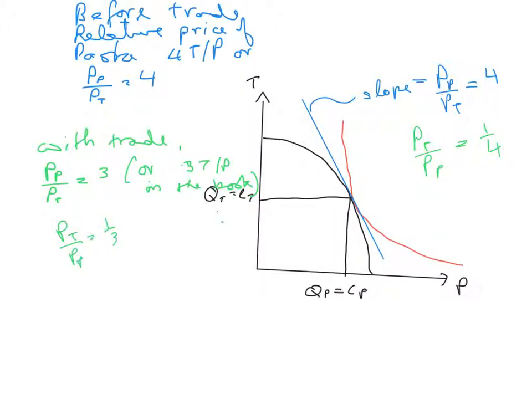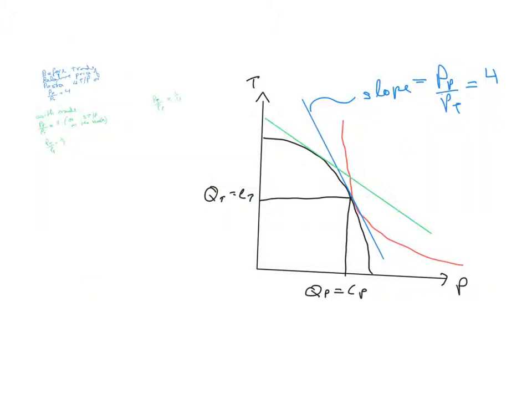Now what we see here is that the opportunity cost at which this country can produce togas is 1/4, which is less than the opportunity cost of togas in the foreign market. So when we allow for trade, this country will now move towards producing more togas. But let's work with this slope.